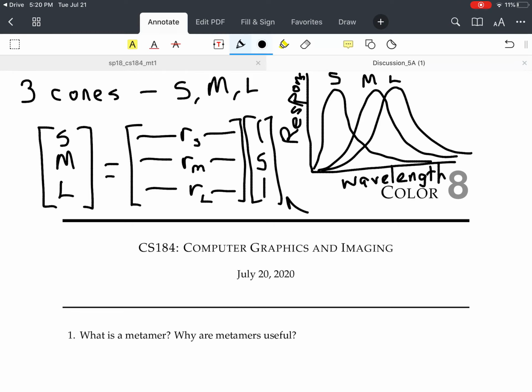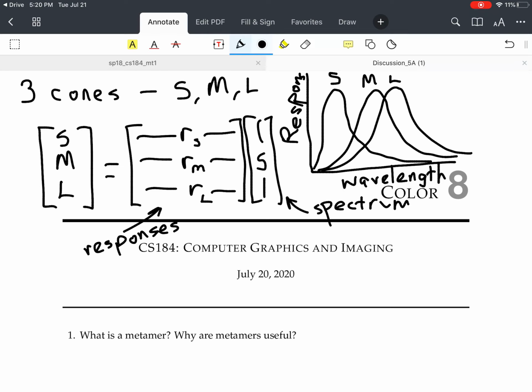Once again, this is the spectrum, and these are the responses. You multiply them together and you get the total activations. That's the basics of color.